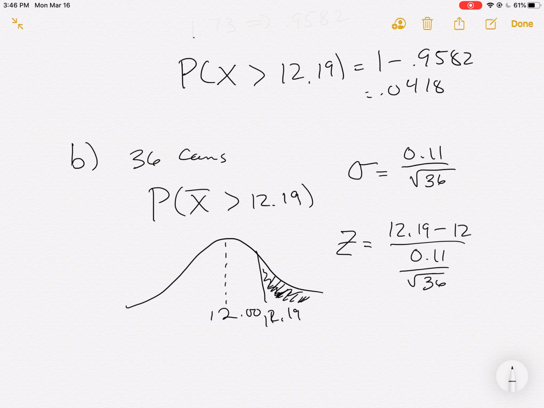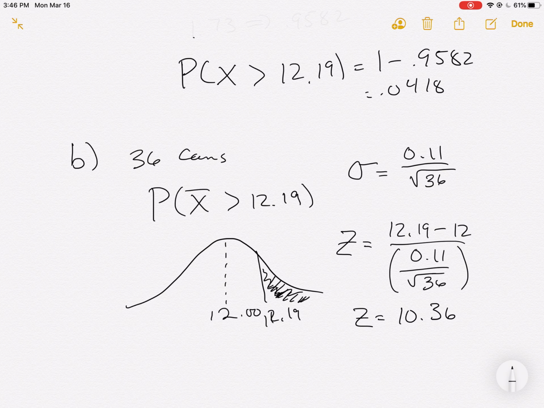The biggest thing to remember is this bottom piece needs to be in parentheses when you plug it into your calculator. So you take 12.19, subtract away the 12 and hit equals, and then divide that by open parentheses 0.11 divided by the square root of 36.